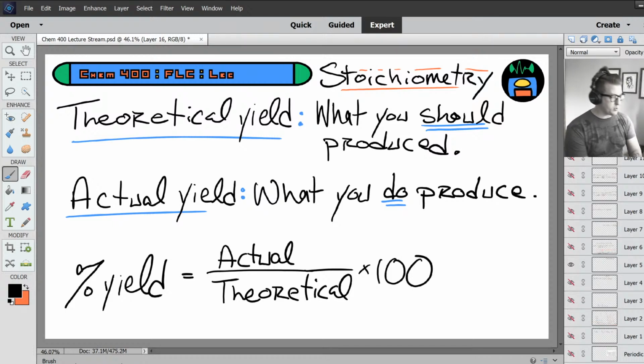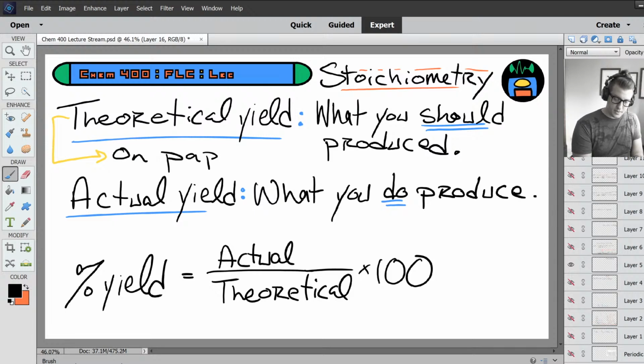It's a percentage of what you actually made over what you should have made, right? We always get our theoretical yields on paper, in a world without errors, in a world with no mistakes, in a world where reactions are completely efficient.